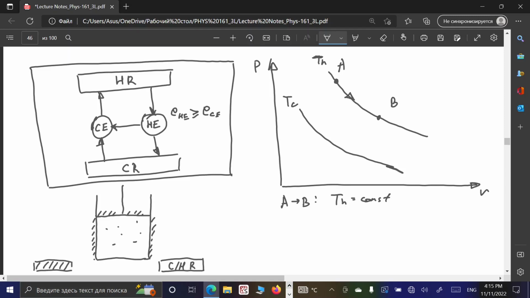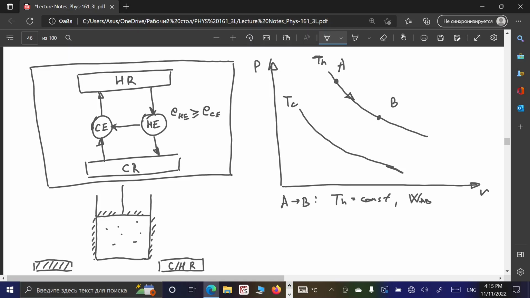Also, what we can see here is that the volume, if we go from point A to B, is increasing. It means that this piston is moving upwards, and that means that the gas is performing work on the external environment. So in this case, there is some work WAB, which is done by the gas on the external environment because the gas is expanding.